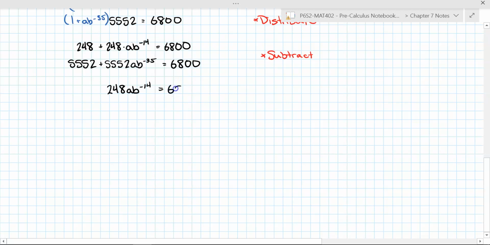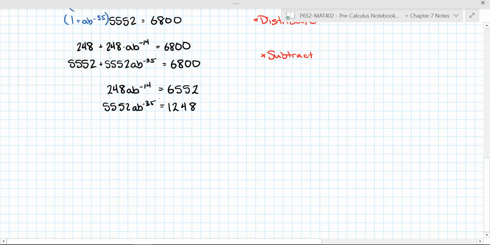It's going to give me 6552. And then 6,800 minus 5552 is going to be 1,248 on this side, and I'll just be left with 5552 there.